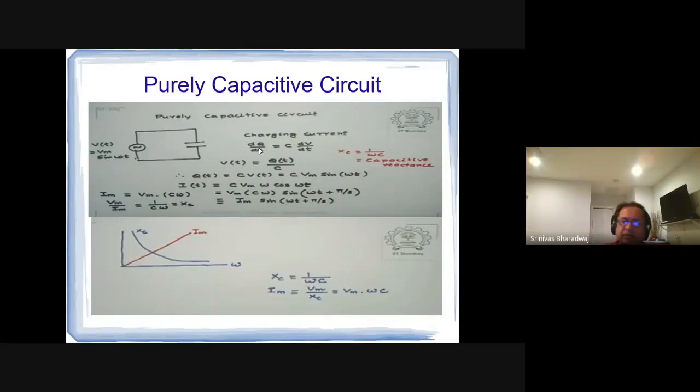With resistance, you deal only with algebraic equations. There's no dq by dt equals C dV by dt, no differential equation there.